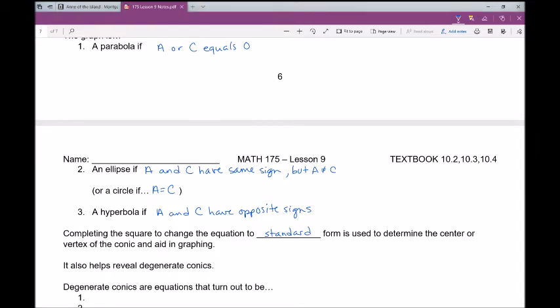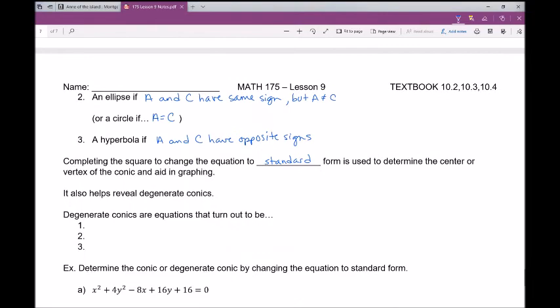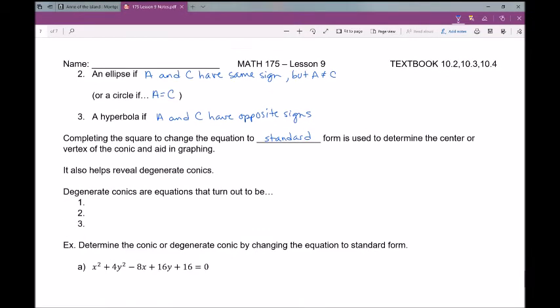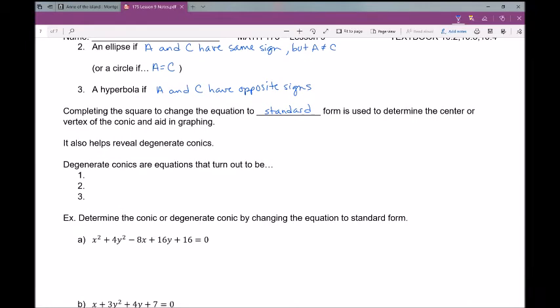Okay, and doing this will actually reveal to you, as I said, whether you have a conic or a degenerate conic. So a degenerate conic is an equation that turns out to either be intersecting lines, a point, or it could be no graph at all.